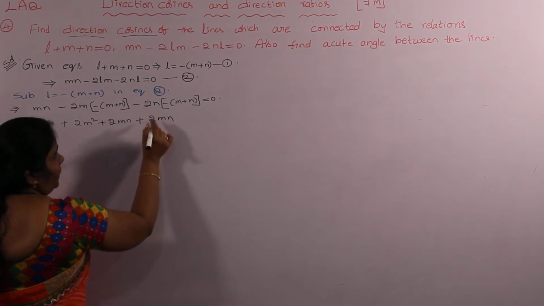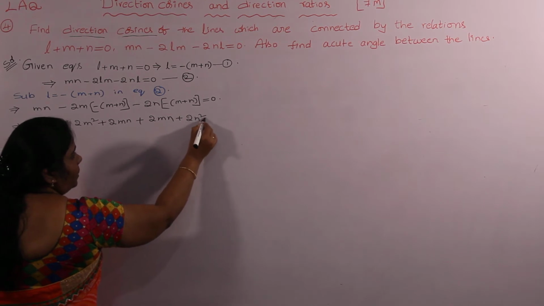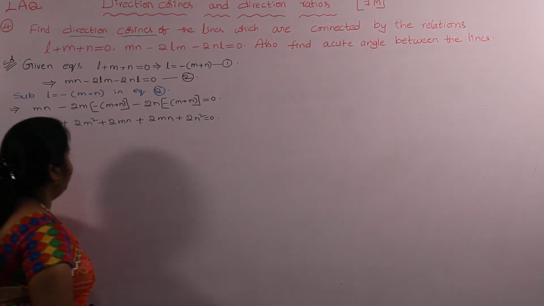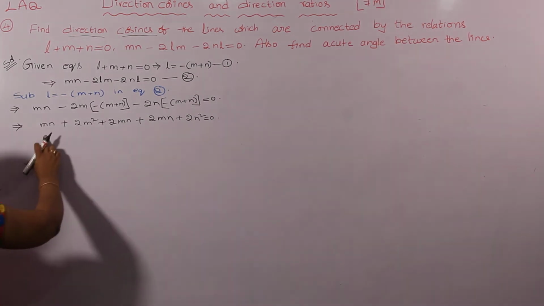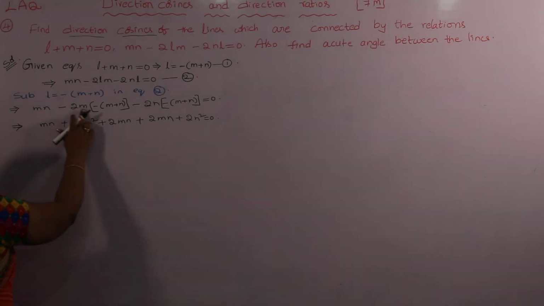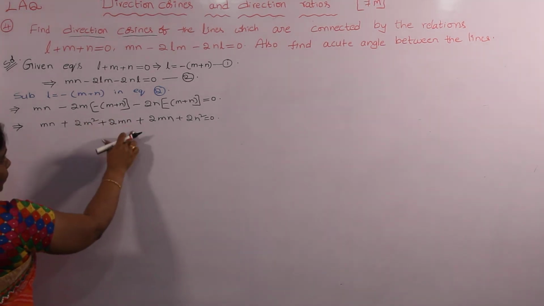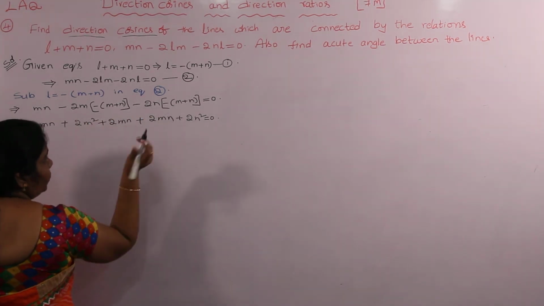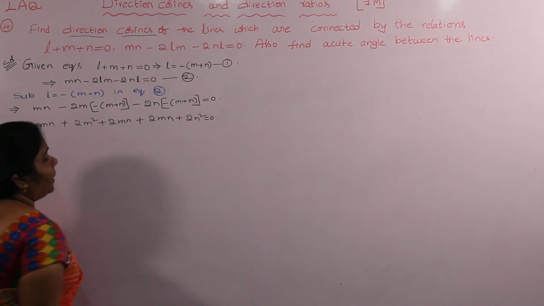Minus into minus plus 2n into n is 2n square, equal to 0. Now take just the multiplication: mn as it is, 2m square, 2mn, 2mn, 2n square equal to 0.